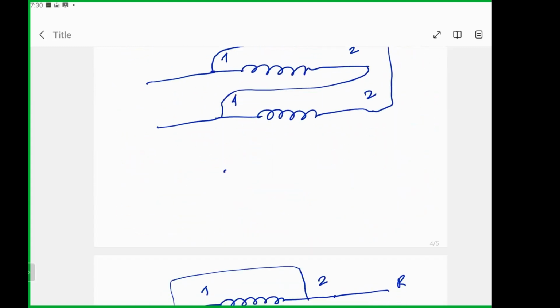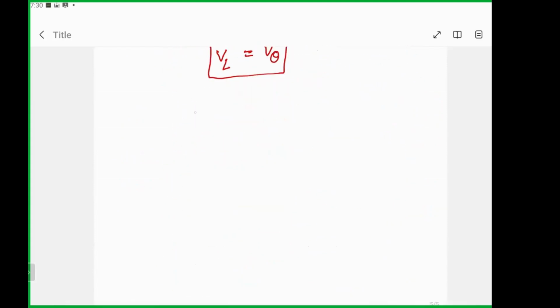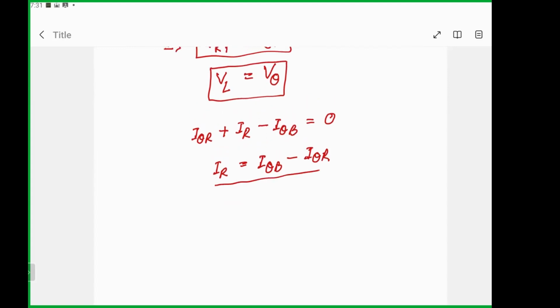You can write I theta R minus I theta B minus IR should be equal to 0. That means IR, the line current, is equal to I theta B minus I theta R. So this is the relation.